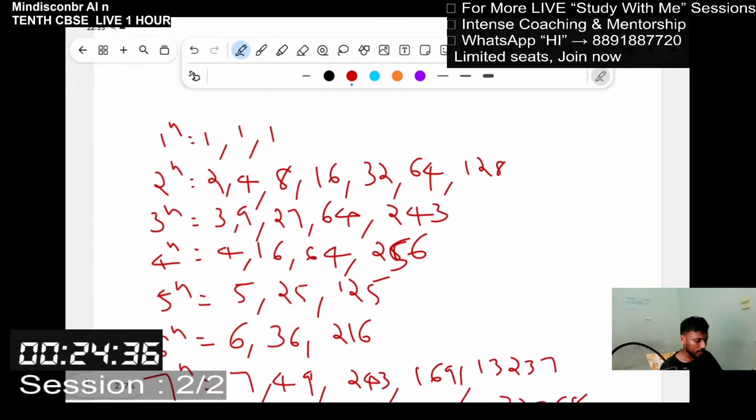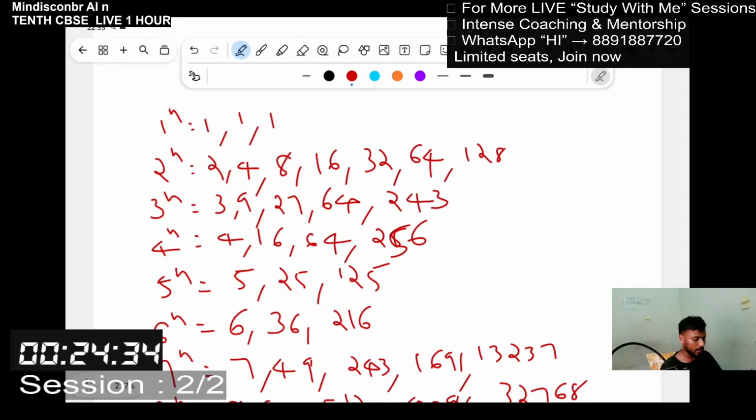So you can see that 1 raised to n always ends with 1. For 2 raised to n it will end with 2, 4, 8, 6, then repeat. For 3 raised to n it ends with 3, 9, 7, 1, then the pattern repeats. For 4 raised to n, 4, 6, then 4, 6. For 5 raised to n, it always ends with 5.